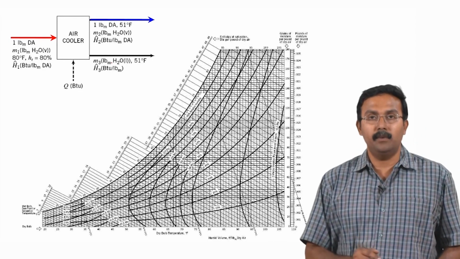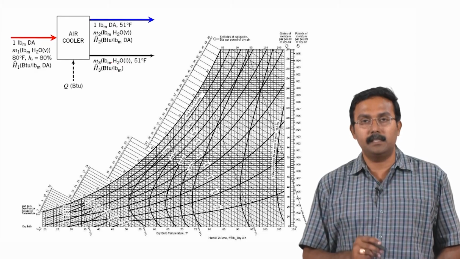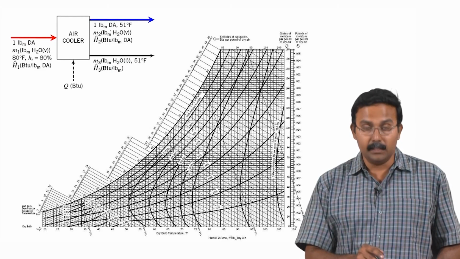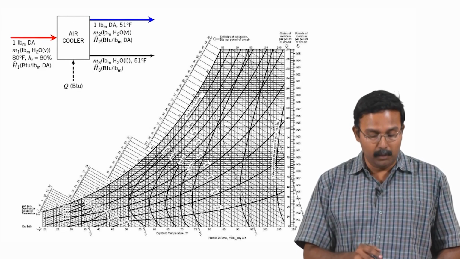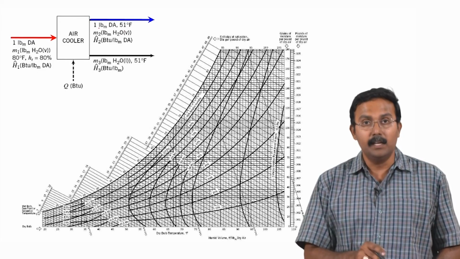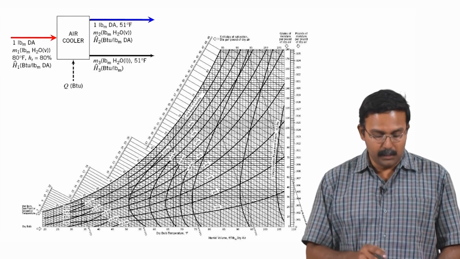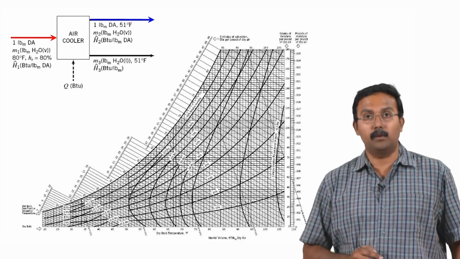Because liquid and vapor water exist in the same condition of the outlet stream, we would assume that this is in equilibrium and the air which is leaving is saturated with water vapor at 51 degree Fahrenheit. So, using this, let us see what we can calculate.